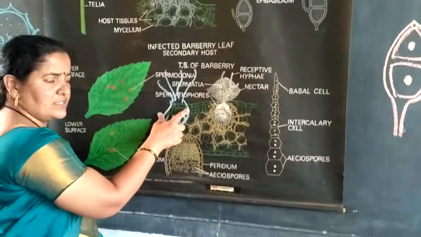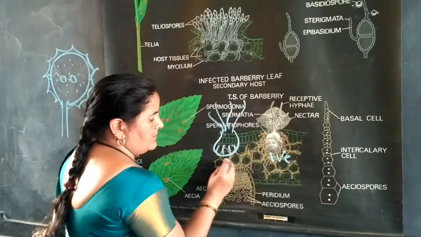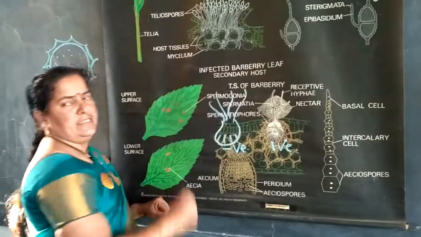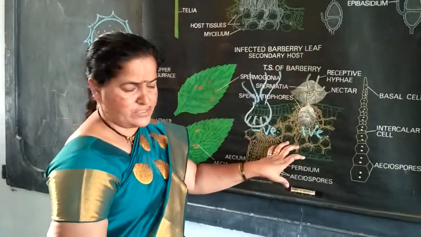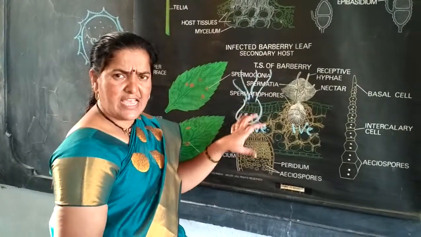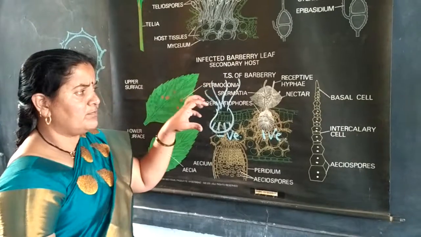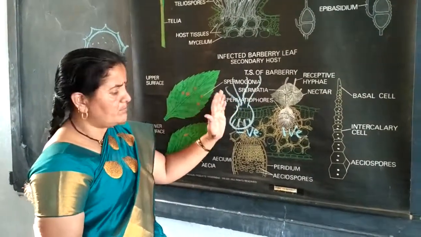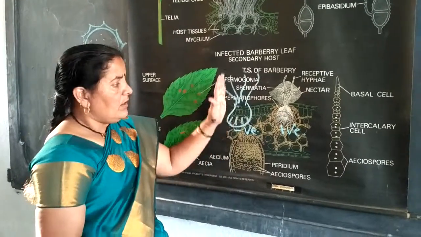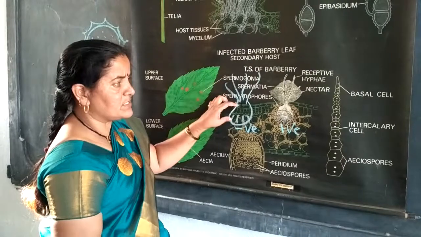So this is the positive pycnidium and this one is the negative pycnidium. When it matures, it secretes a sticky substance. This sticky substance has a specific smell and taste. With the help of the taste and smell, many insects are attracted towards the mature pycnidium for sucking this honey-like substance.